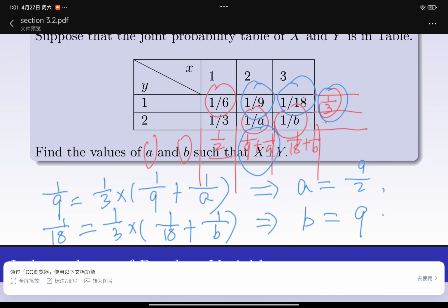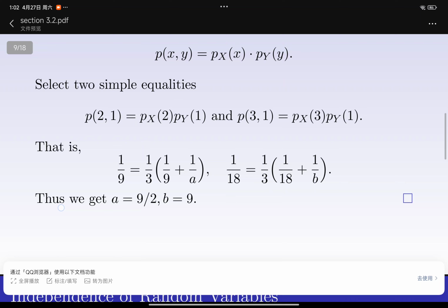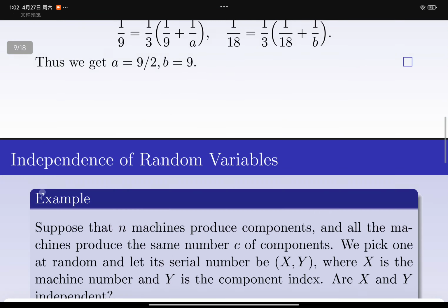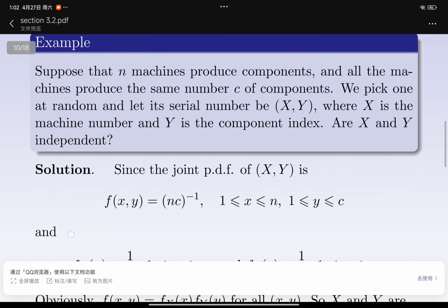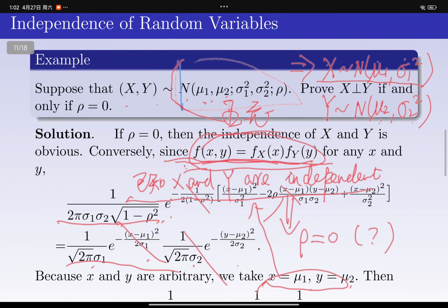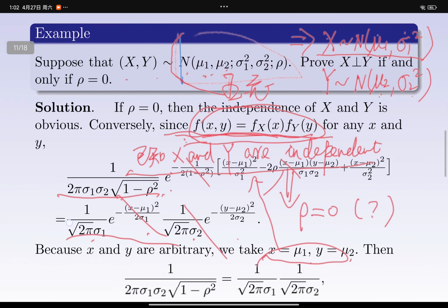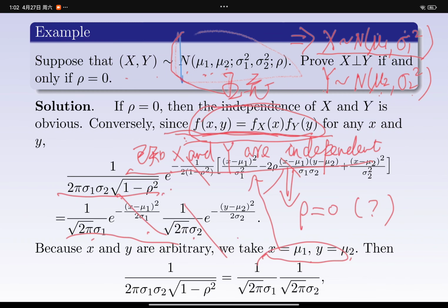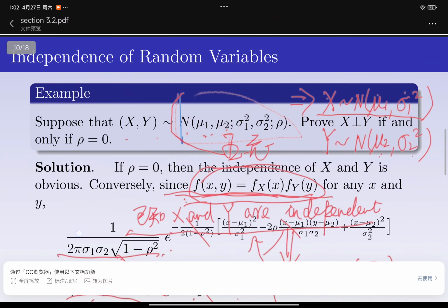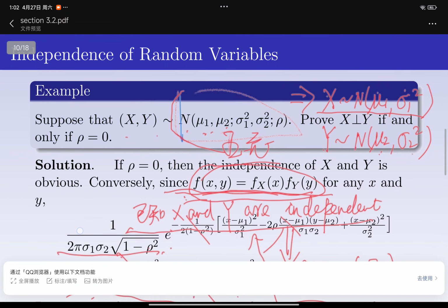This is just the 3.7 short method, 2.9. These are just the normal independence, normal variables, normal distribution.